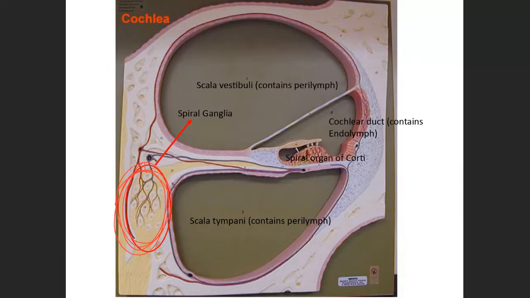So here are the bodies of the neurons, whose dendrites are going to be right below the hair cells, receiving the action potentials from the hair cells, and the axons will go out and form the cochlear nerve, which later will become the vestibulocochlear nerve. So that is the anatomy of it all. Now, if we switch to the physiology, we can again put it all together, hopefully a lot easier, because now you know what's going on.